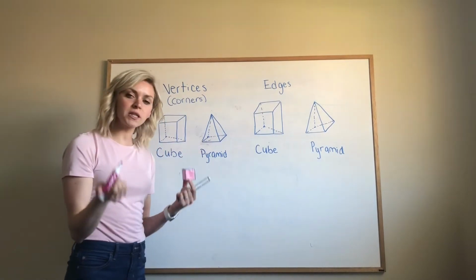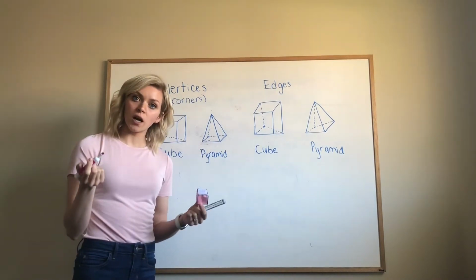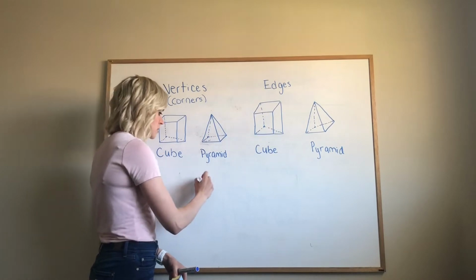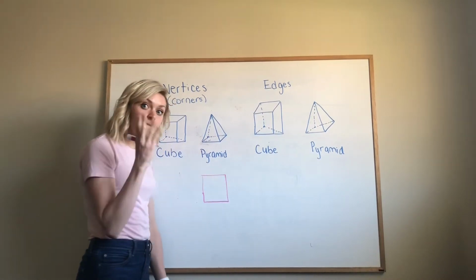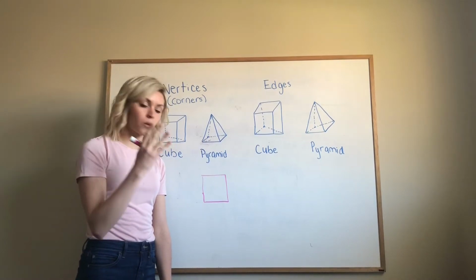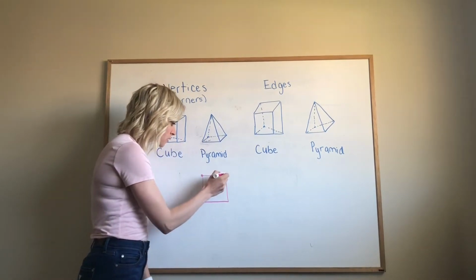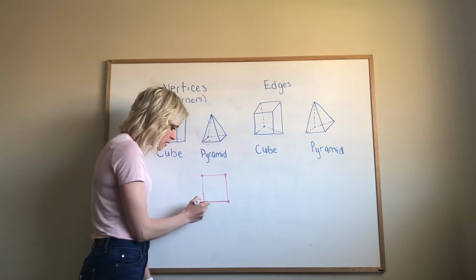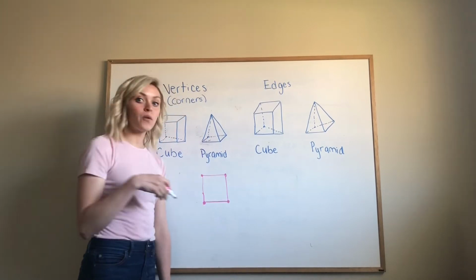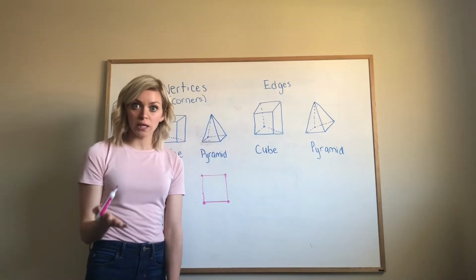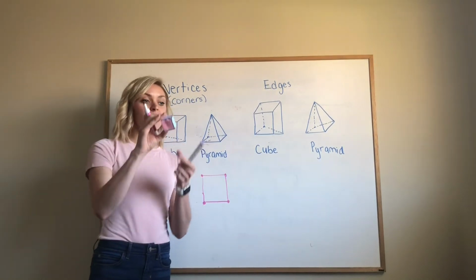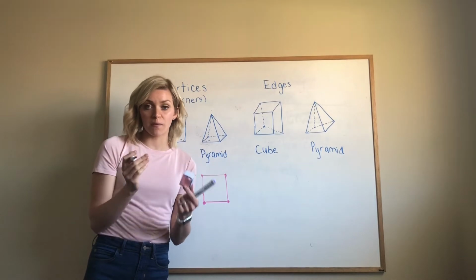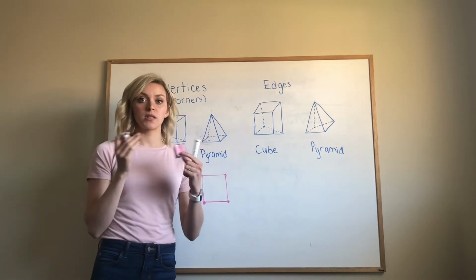So just like when we did our vertices for our 2D shapes and we looked at a square, we knew that it had 4 vertices or 4 corners. 1, 2, 3, 4. Now we can do the same thing with our 3D shapes. So if you have your cube or you have something that is cube shaped, like a dice or something, grab it to help us count together, all right?